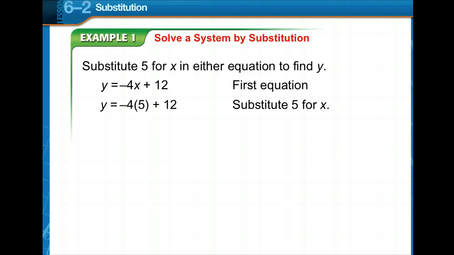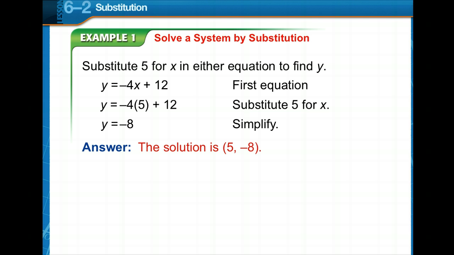So we're going to substitute in 5 for x. So negative 4 times 5 is negative 20. Negative 20 plus 12 gives us a negative 8. So we know that the solution, the x is 5, the y is negative 8. So our answer is written as an ordered pair.